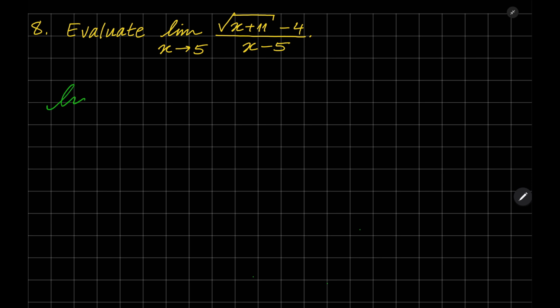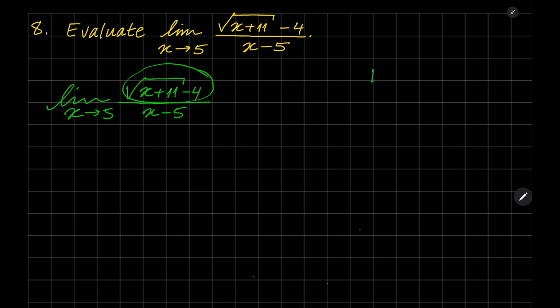Then limit as x approaches to 5, root x plus 11 minus 4 over x minus 5. Now we are going to multiply both numerator and denominator by the conjugate of the radical expression root x plus 11 minus 4.